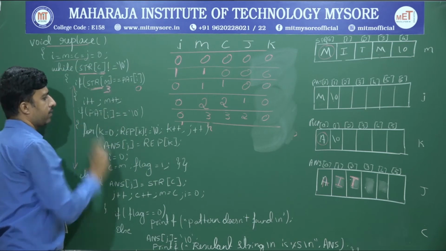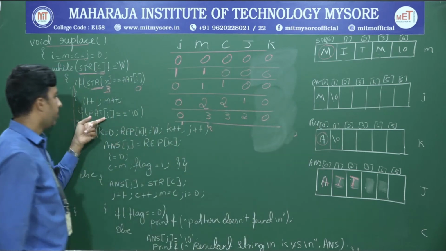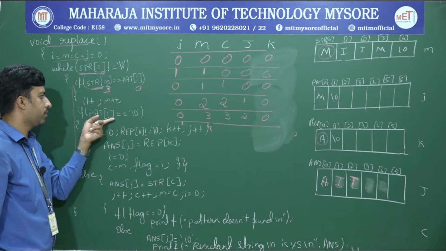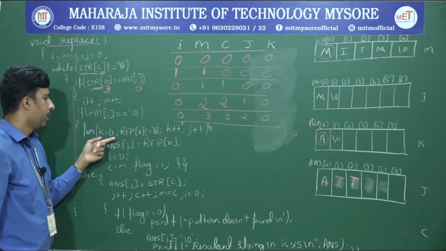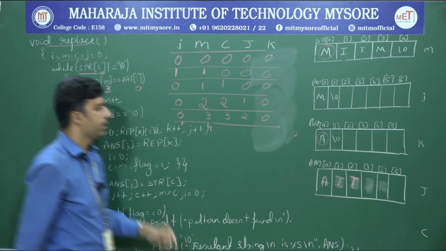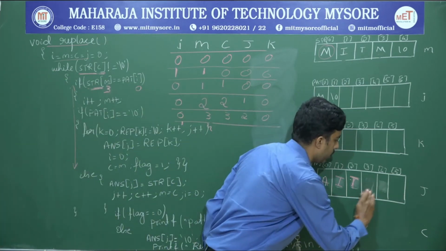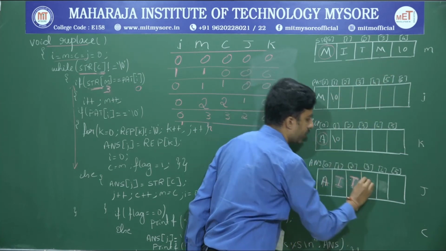If that pattern is equal to null, because we are mapping only one character, here pattern of i is equal to null because pattern of 1 is null. Next we are going to replace that string in the answer string. See, m gets replaced by the replacement string.